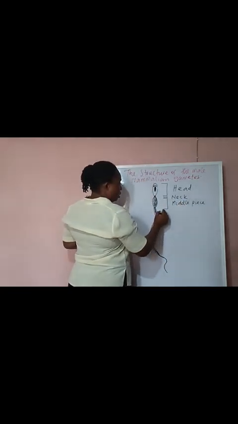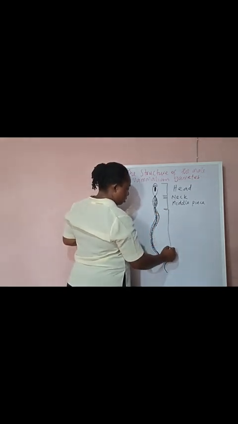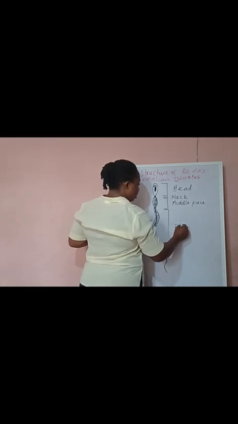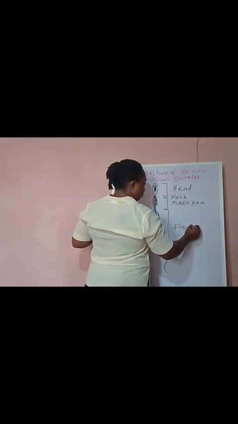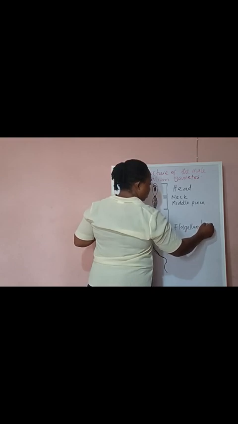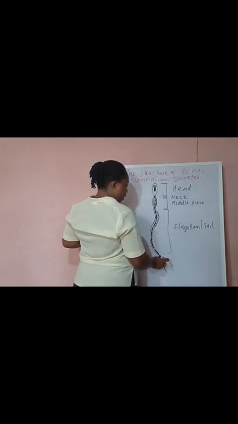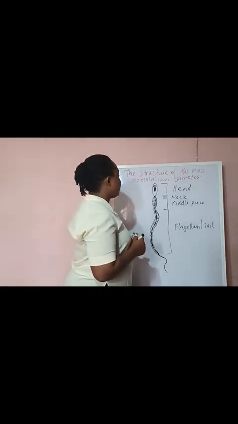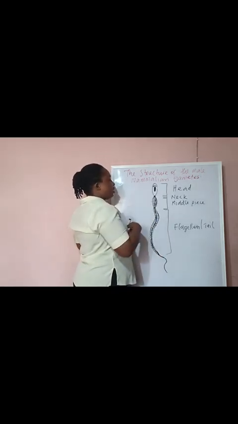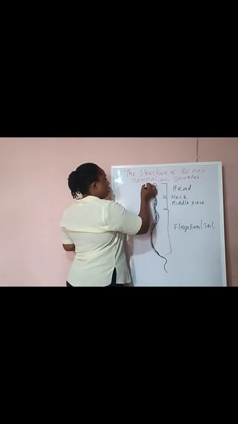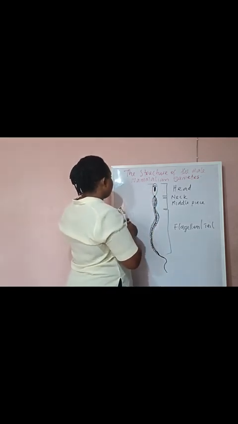This segment that runs down here is the flagellum, or the tail. On the head we have this structure known as the acrosome.